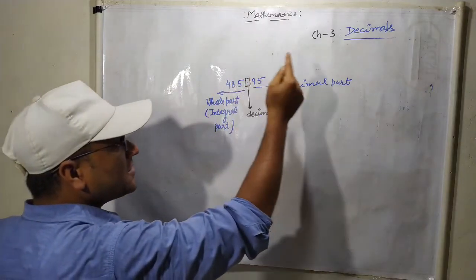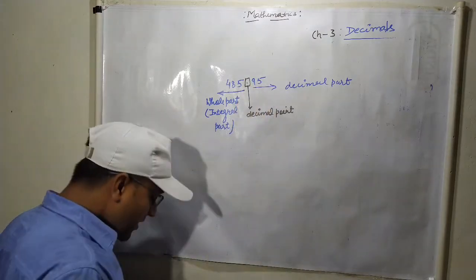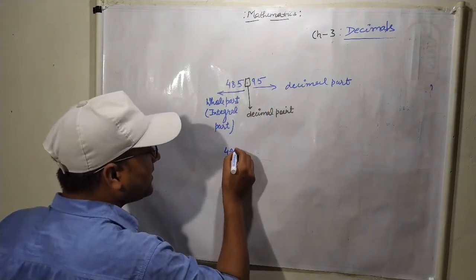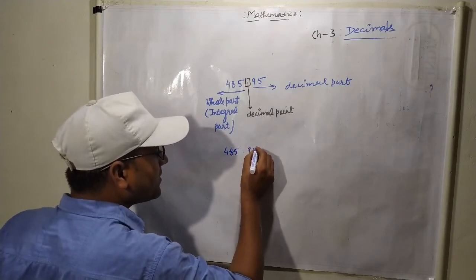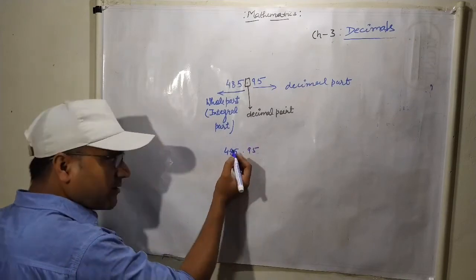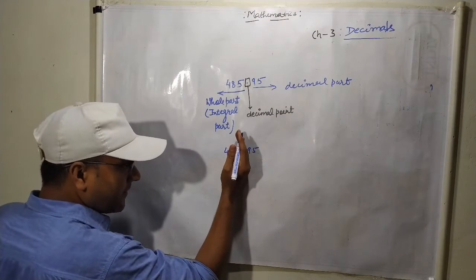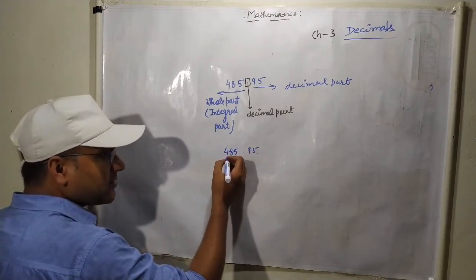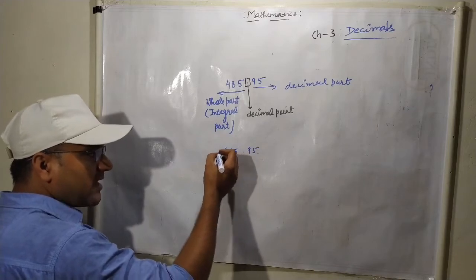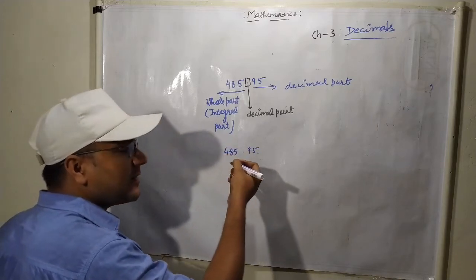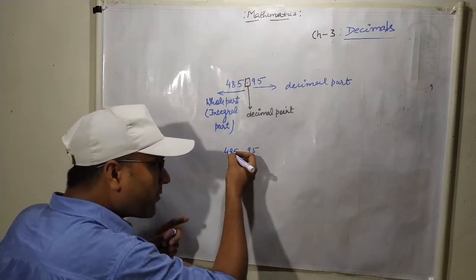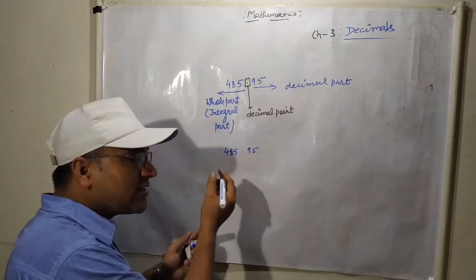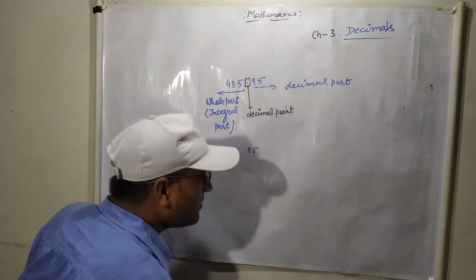And after this decimal, see the same number, 485.95. If you are moving right to left before this decimal, the place value increases 10 times. But if you are moving from left to right, the value decreases 1 upon 10 times.